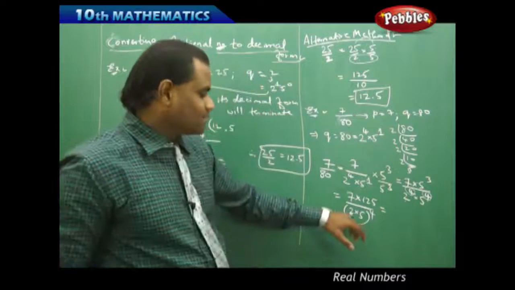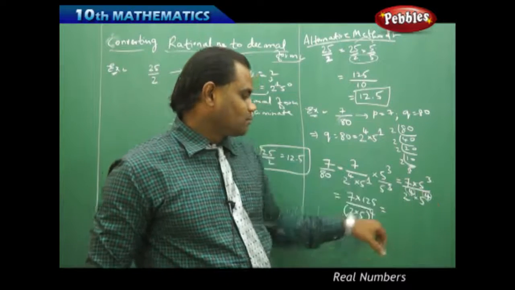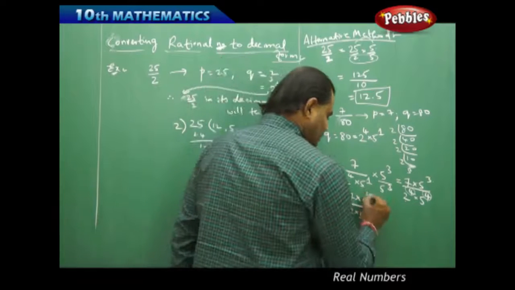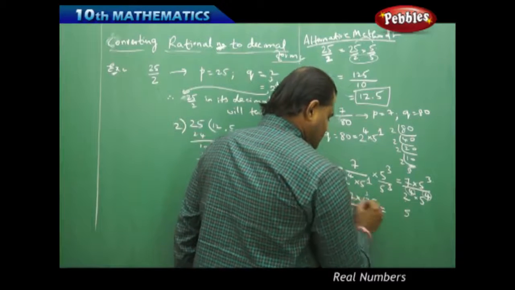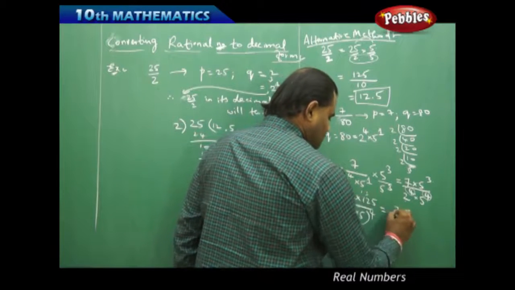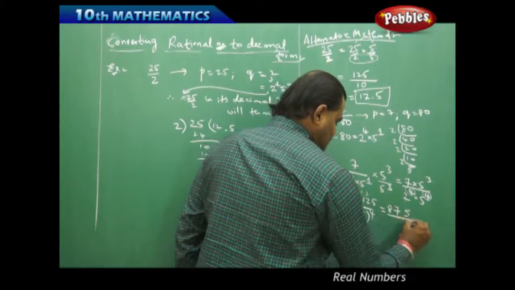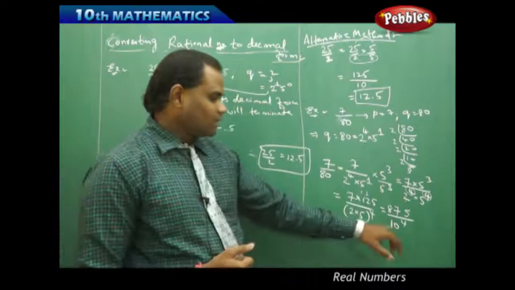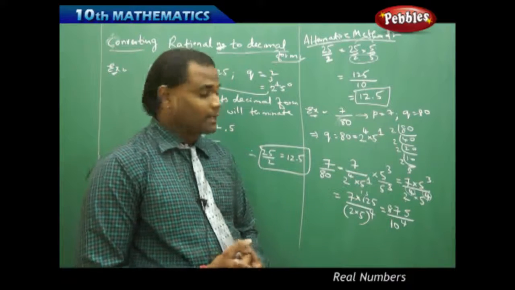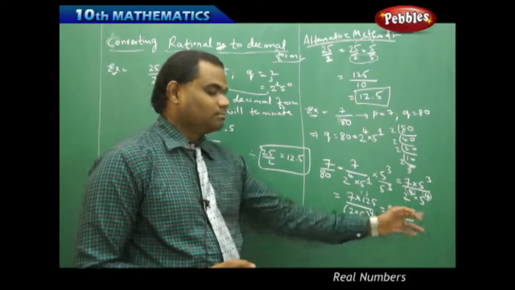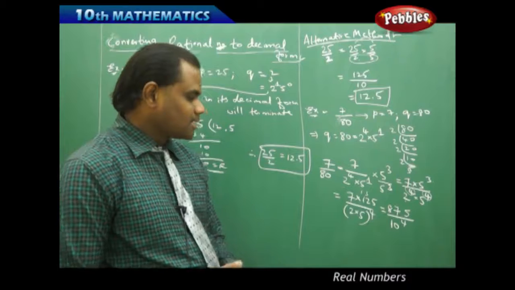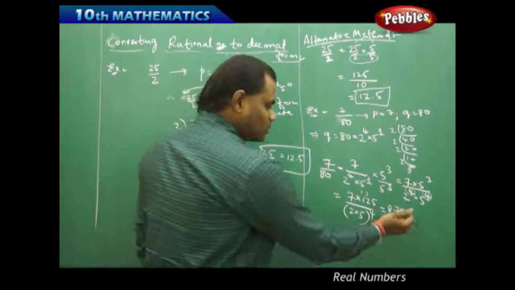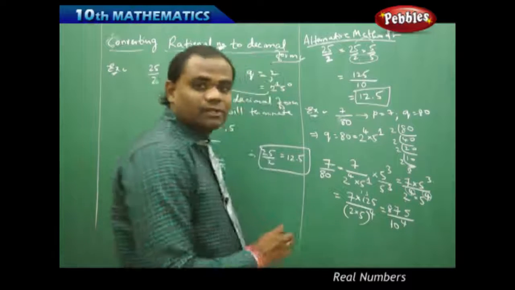So this is how I get, by using the law of index, 2 times 5 whole power 4. The next step is I multiply this so that I get 7 fives 35, 7 twos 14, 7 ones 7, 875 by 10 power 4. So 875 over 10 power 4 is what I get when simplified, because 2 fives are 10, power 4. Now as I understand that the denominator is 10 raised to 4, I have my decimal moving 4 steps to the left.